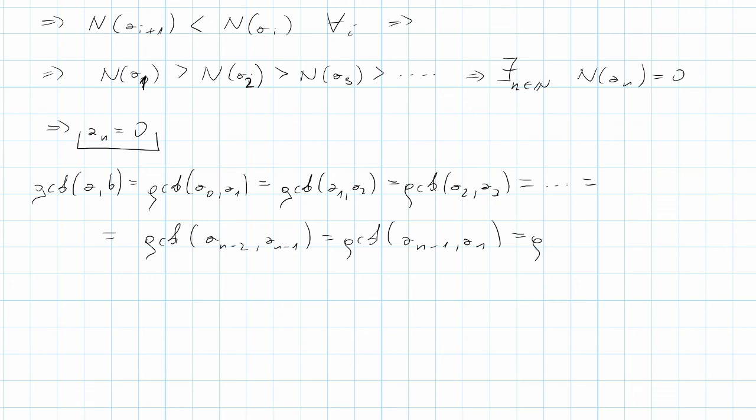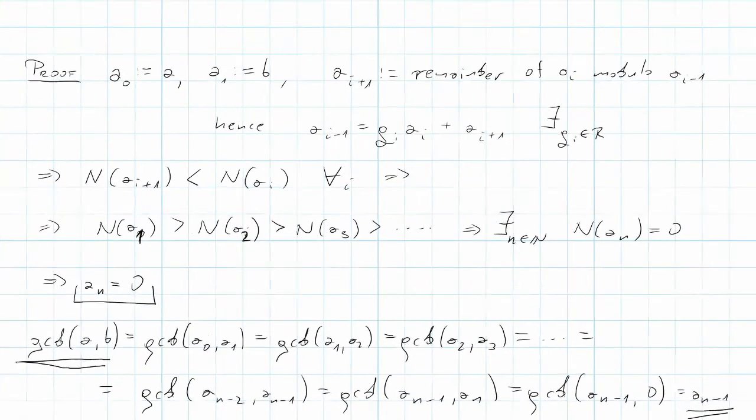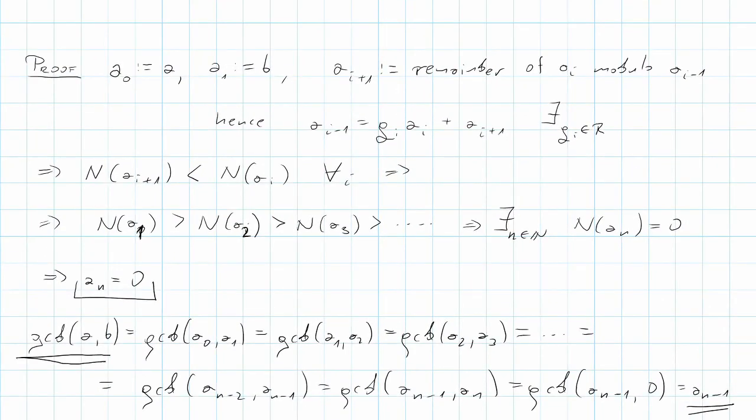So the greatest common divisor of A_{n-1}, 0, we know it is just A_{n-1}. So this is the last element of our sequence, but we can use the fact that we had earlier here.